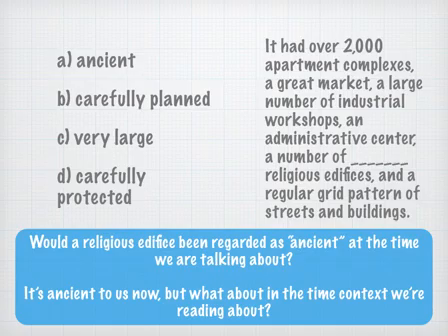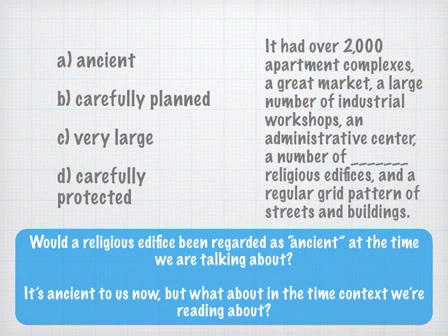So in the context now, let's have a look at this first one, ancient. Would a religious edifice have been regarded as ancient in the time that we were talking about? So you have to imagine now that we're talking about 2,000 years ago. Would a religious edifice 2,000 years ago be regarded as ancient? It's ancient to us now, but what about the time context we're reading about?